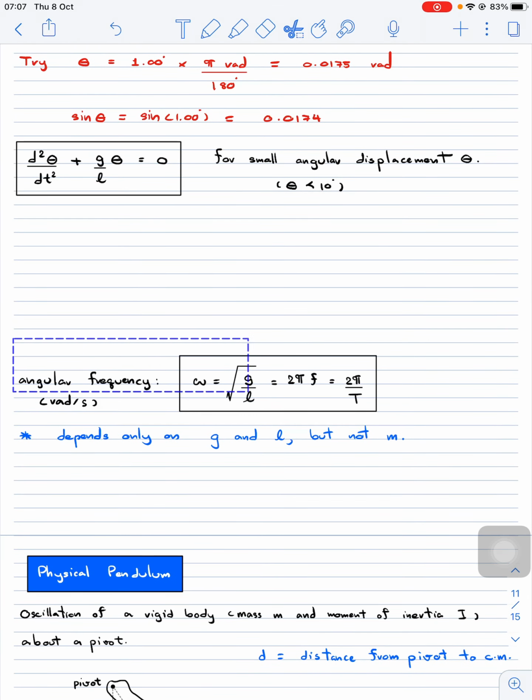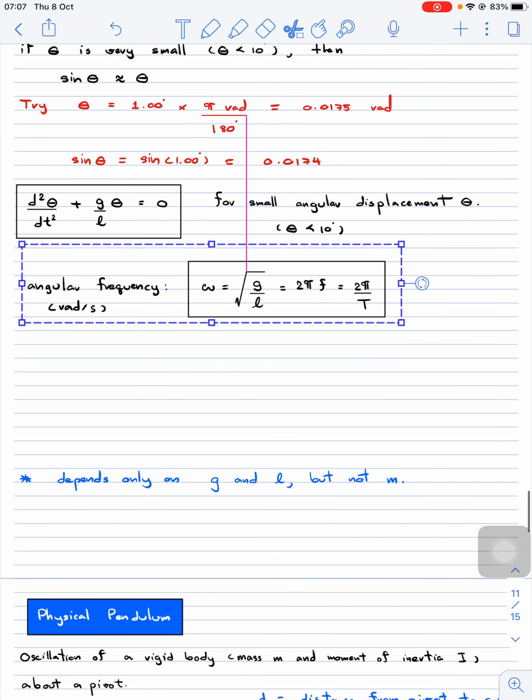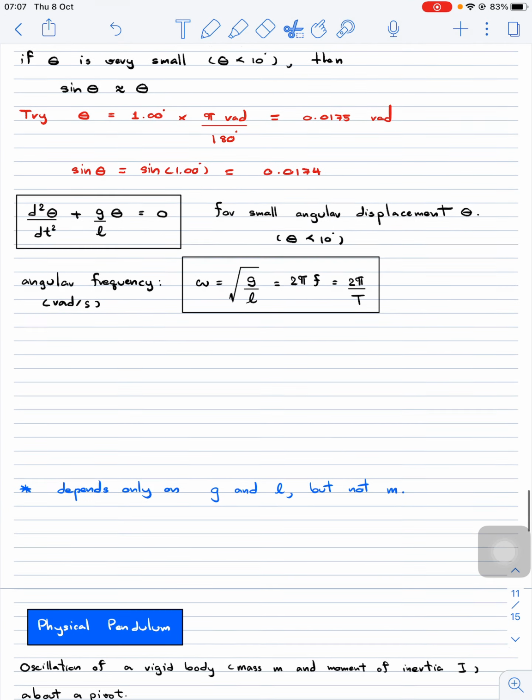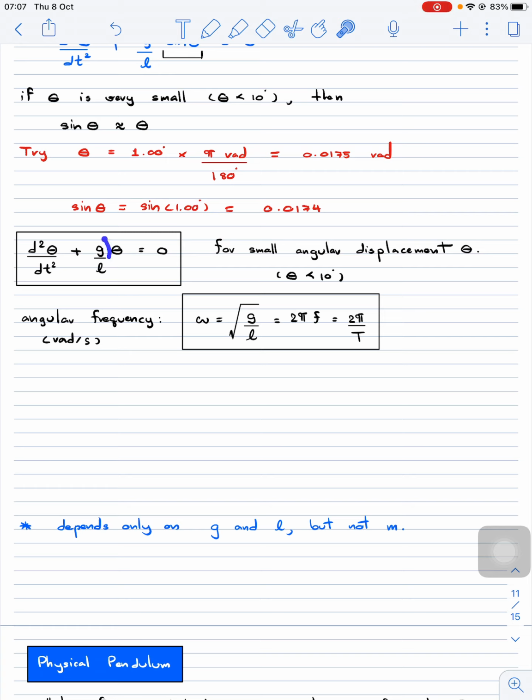Also we can get the angular frequency. We say that this term is equal to omega square.